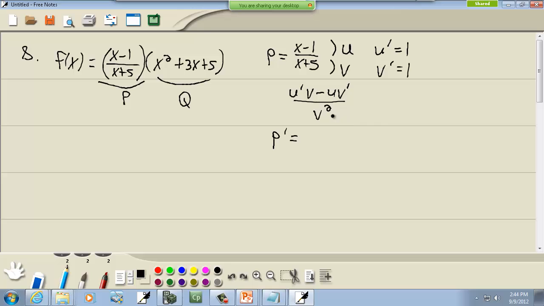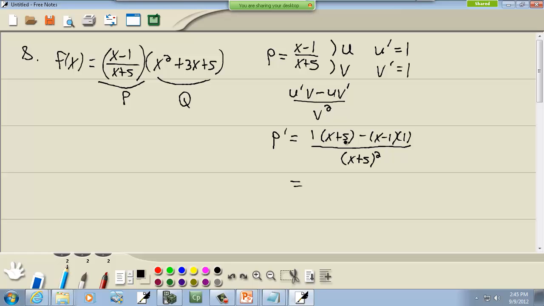So for p prime, u prime was 1. V is x plus 5 minus u, which was x minus 1, times v prime, which was 1, over v squared, which would be x plus 5 squared. Now let me double check this. U prime v minus u v prime over v squared.